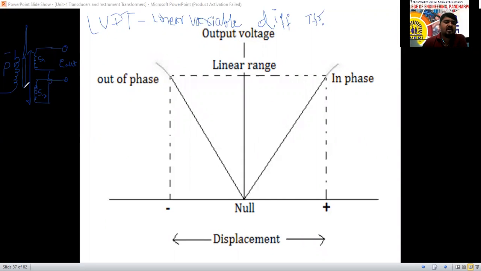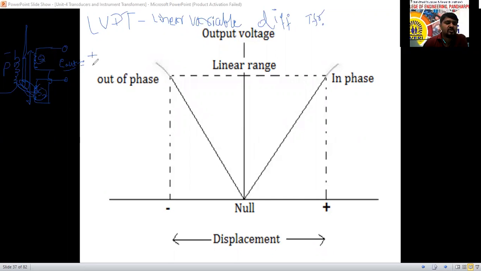Suppose it has shifted up or down or left or right, whatever it may be. Suppose it has come down here, so the flux linkage of this one will be more. In that condition, E out is S1 minus S2 or S2 minus S1, depending on which side we consider. So we get the difference of this induced EMF and that induced EMF.